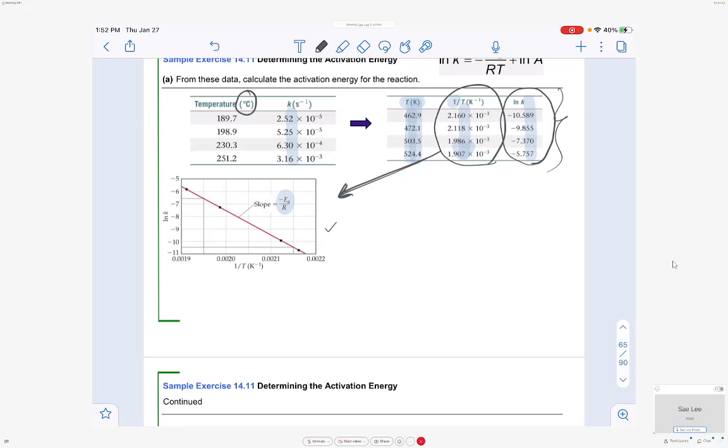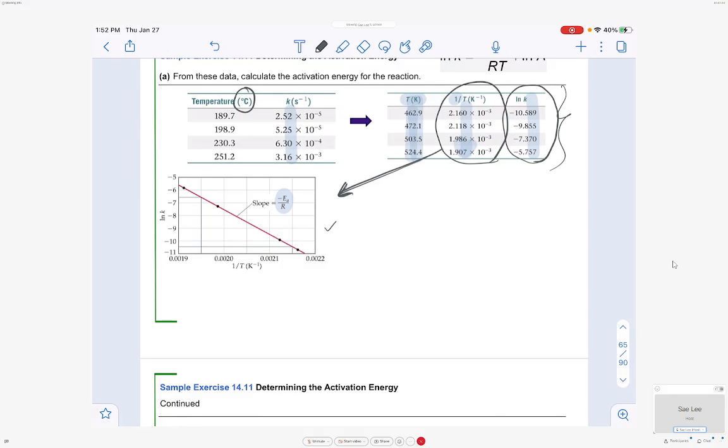This is a slope, a straight line, and you can use any 2 points to find the actual slope.